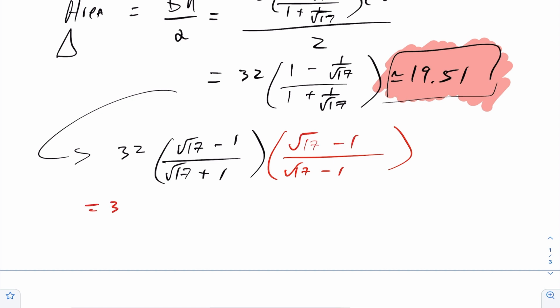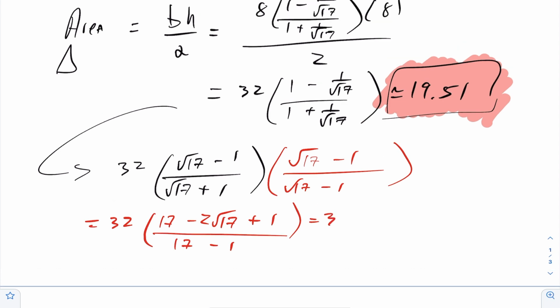And this ends up being 32 times, in the numerator, 17 minus 2 root 17 plus 1, all over 17 minus 1. And this ends up being 32 times 18 minus 2 root 17 all over 16.